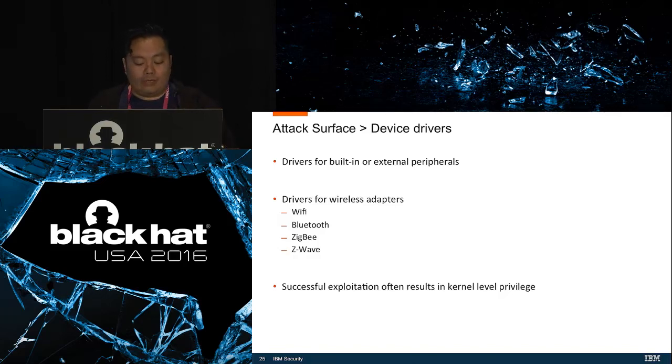These device drivers may contain vulnerabilities that could give an attacker remote access to the device if successfully exploited. Drivers, for example, for wireless adapters such as Wi-Fi, Bluetooth, Z-Wave, and Zigbee are viable targets. One advantage of targeting drivers is that successfully exploiting them will often result in kernel-level privilege.